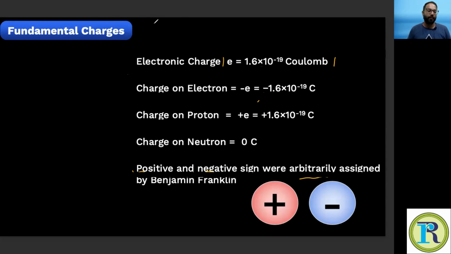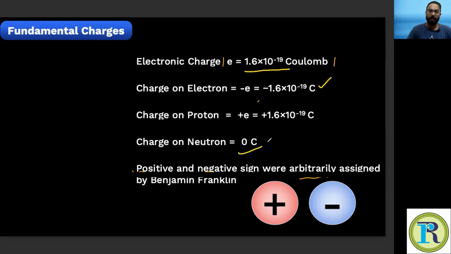The smallest quantity of charge that exists in nature is the charge of an electron. The charge of an electron is minus 1.6 into 10 to the minus 19 coulomb, the charge of a proton is 1.6 into 10 to the minus 19 coulomb, and the charge of a neutron is 0.